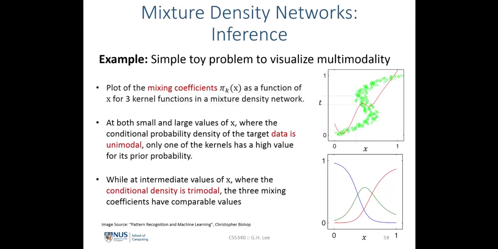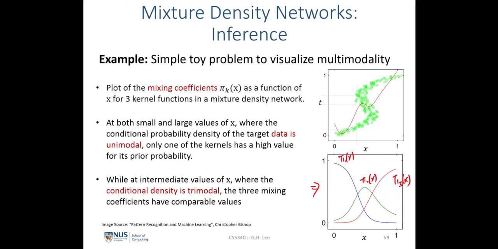Here's the example of the simple toy problem to visualize multimodality that we have seen earlier. A plot of the mixing coefficient pi k as a function of x can be seen in this particular plot. Each one of these curves represents pi 1 of x, pi 2 of x, and pi 3 of x, where we have a three-component Gaussian mixture distribution.